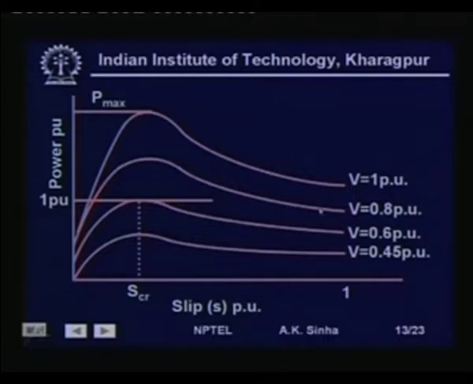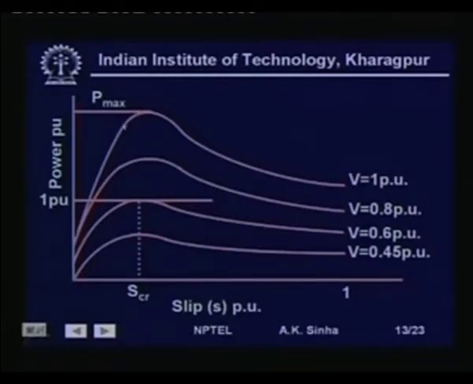If we have reduced the voltage to 0.8, then the operating characteristic will follow this curve, and so on. If it is 0.6, it will follow this curve, and if it is 0.45, it will follow this curve.